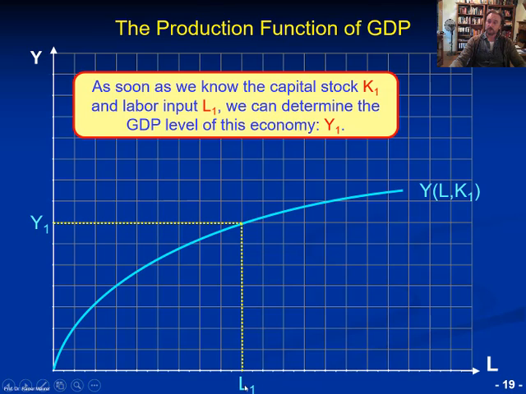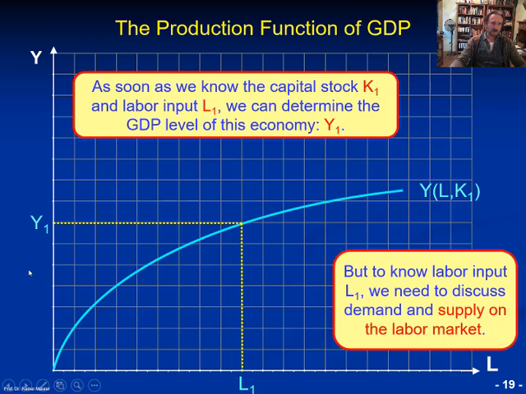So if labor input would be L1, the level of GDP we can produce would be Y1 with the capital stock K1. But to know labor input, L1, we need to discuss demand and supply on the labor market. This is what we will do next.